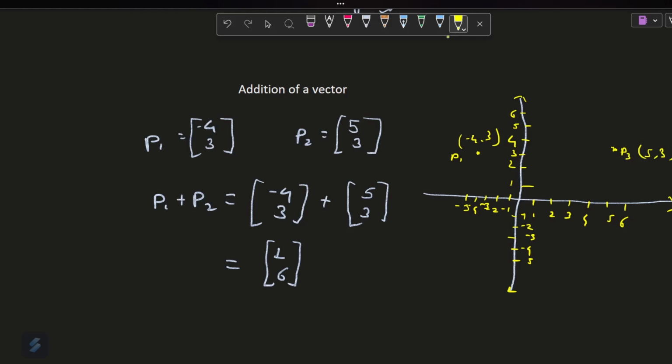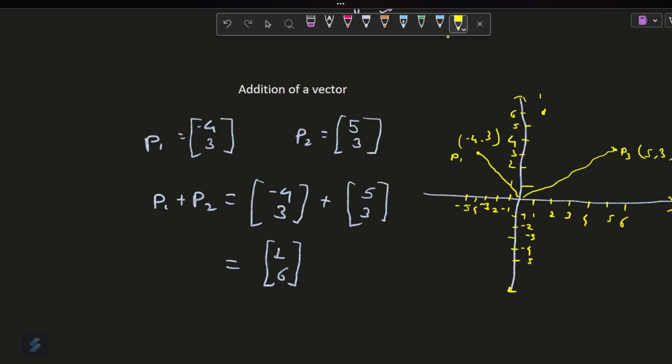When we add P1 and P2 in the graphical representation, we get a third point, which is 1 and 6. The x-axis is 1 and the y-axis is 6.